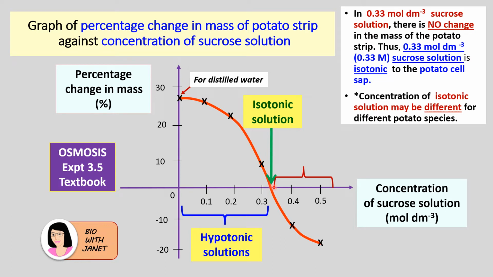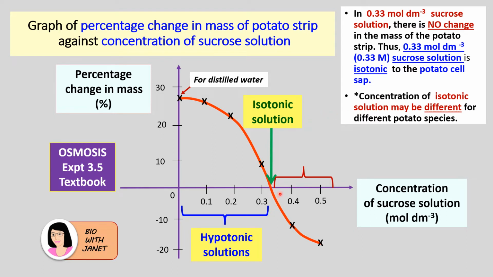For example, this could be at 0.33 M, the intersection here. So we can say that in 0.33 mol per dm cubed or 0.33 M sucrose solution, there's no change in the mass of the potato strip. Thus, at this concentration, the sucrose solution is isotonic to the potato cell, when there's no change in the mass of the potato strip after soaking it in the solution.